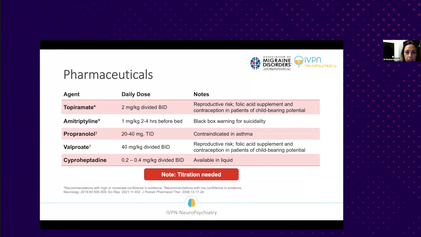Really, we have to look at the other possible comorbid health factors that are going on with the child and make the best judgment that we can, and discuss possible side effects and goals for treatment with the family regarding each medication. Next slide.